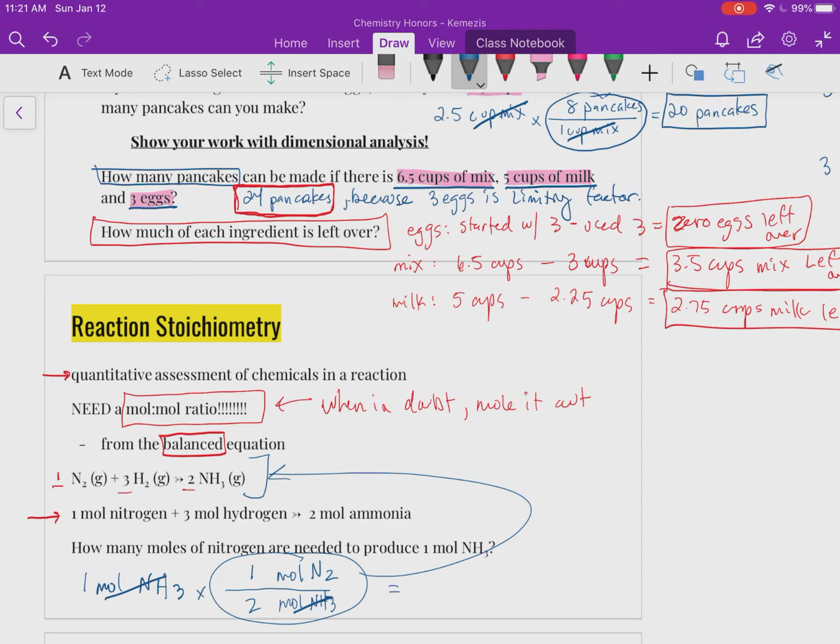So in order to produce just 1 mole of NH3, I just have to halve the reaction. I need 0.5 moles of N2. If you know how many moles you're reacting, you can do a mole-to-mole ratio to quickly figure out how much of the other substance you want or need.